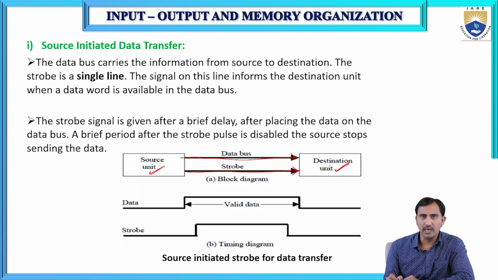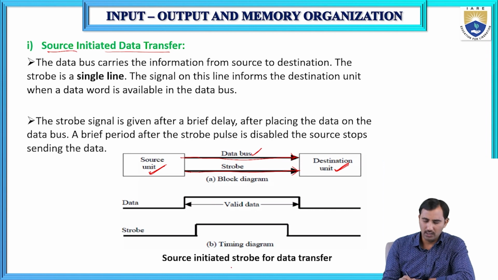Once the destination unit receives the strobe pulse, it indicates that valid data is placed in the data bus, so the destination unit will read the data from the data bus. Okay, so that is the operation in source initiated data transfer. Here the source unit is initiating the data transfer.